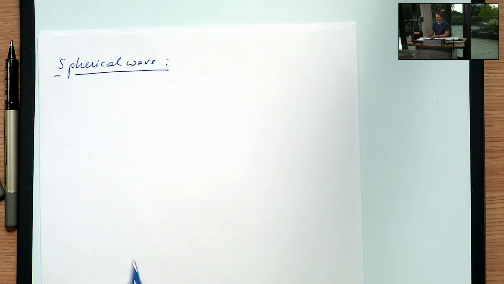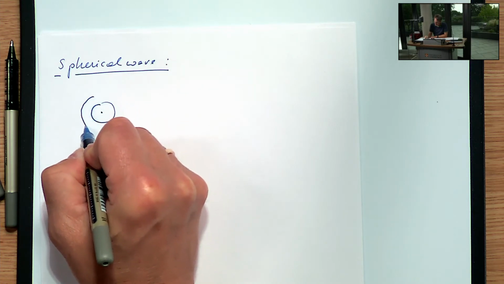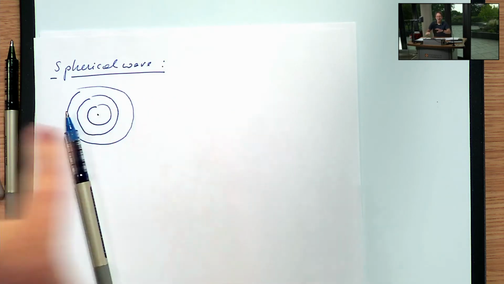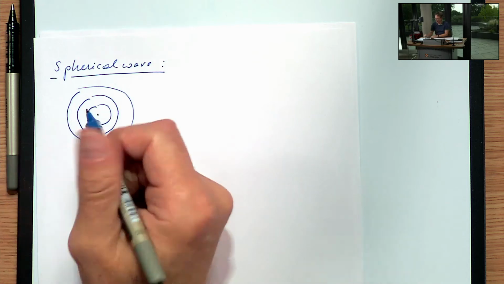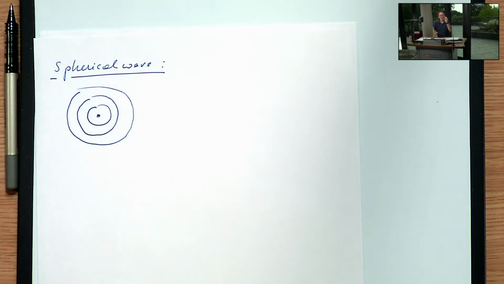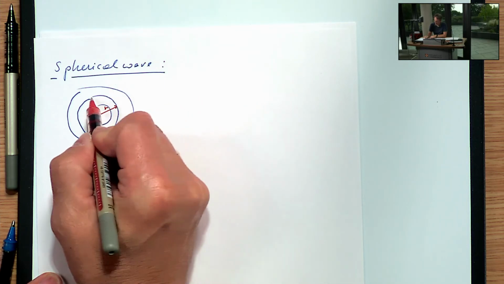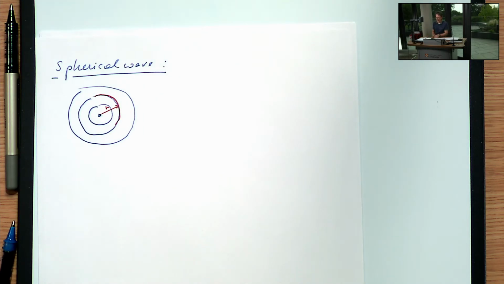So a spherical wave, as we said, the phase is constant in a spherical volume at a constant distance from the origin where the emitter is sitting. So you have your point emitter, it emits these spherical waves, and at a constant r, any r, the phase is constant across this.